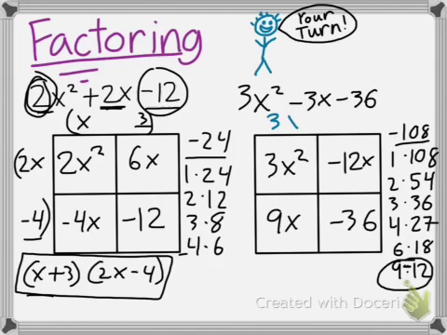It doesn't matter which place you put them in, but it does matter that what you factor and how you factor that out matches up. So the two numbers that multiply to give us 3x squared are 3x times x, and then x times negative 12 will give us negative 12x, and 3x times 3 gives us 9x. So the factored form is such.